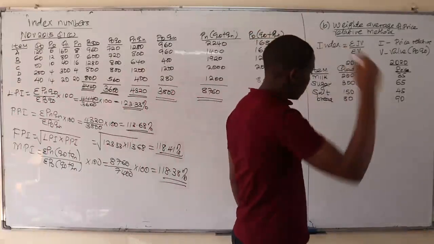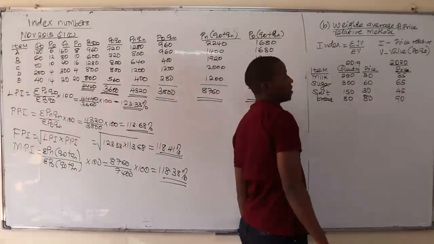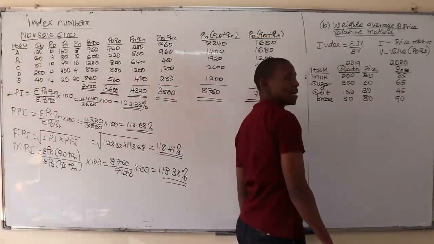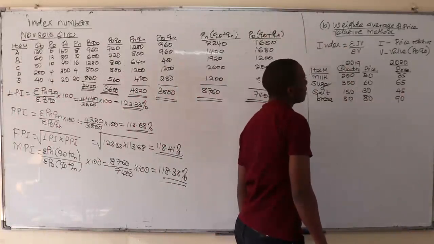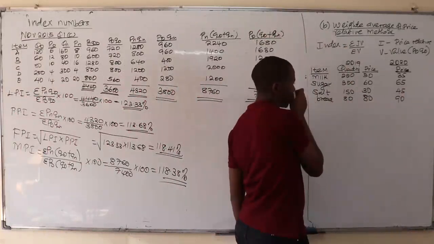So we want to get the weighted average price relative index of these values that we have here.